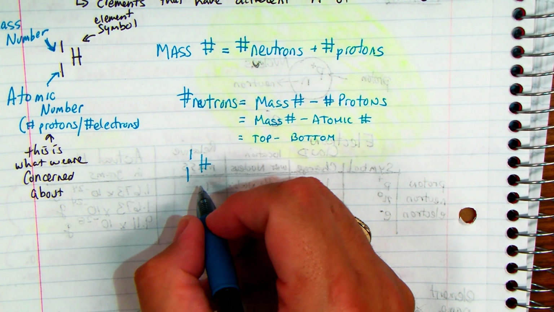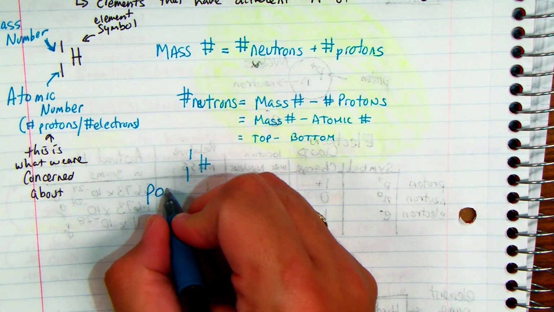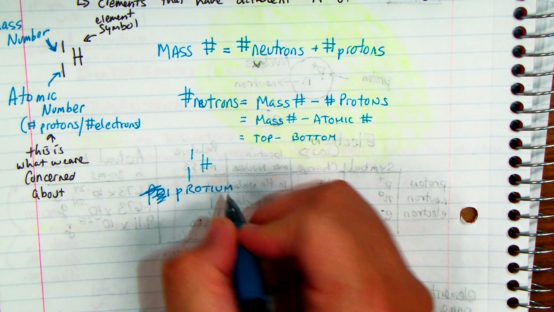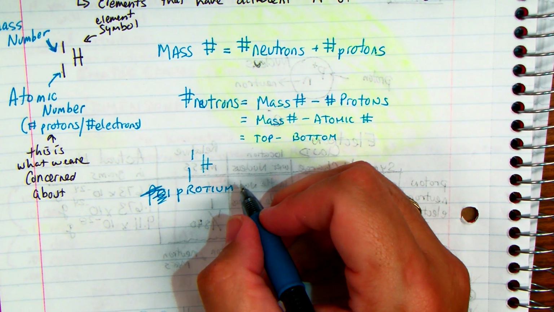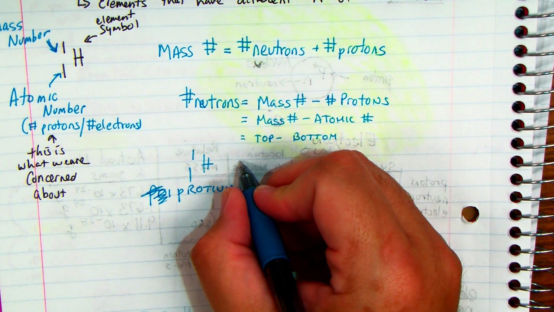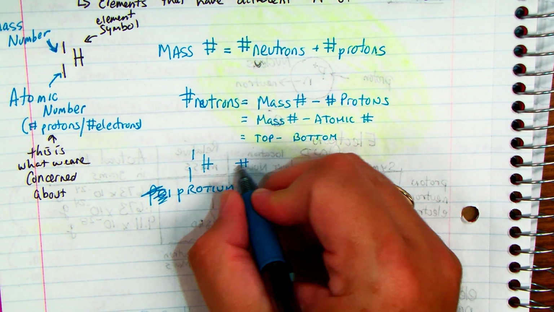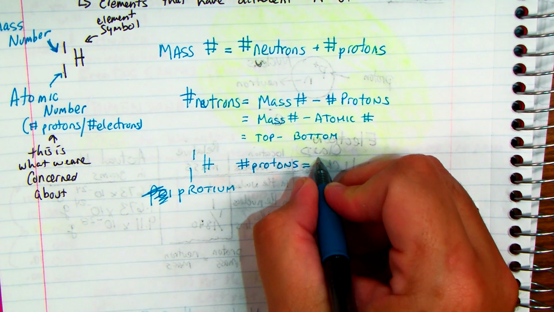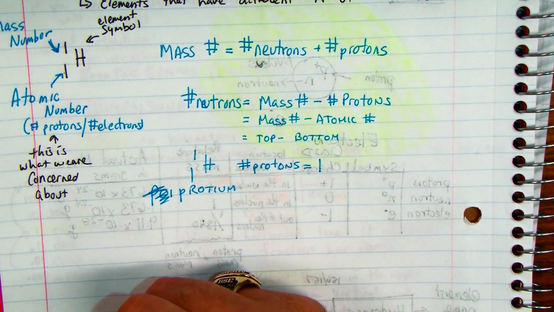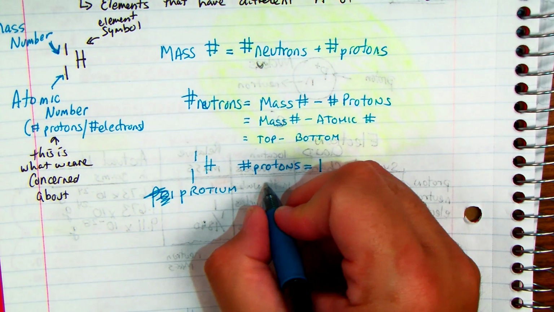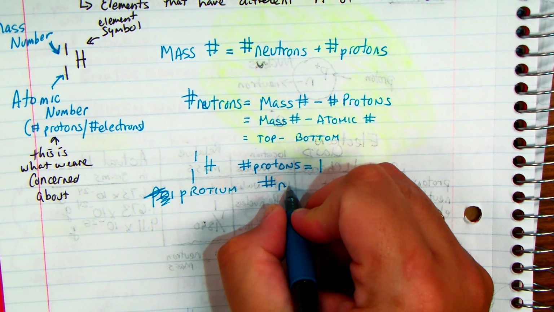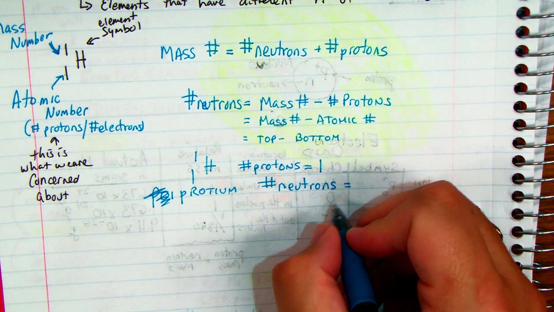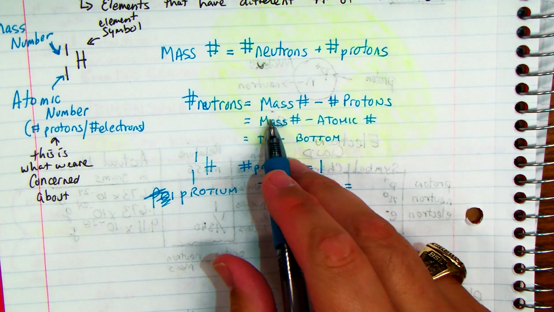This is called protium. Let me ask you this. What's the number of protons? 1. There's 1 proton. What's the number of neutrons? Now, the number of neutrons is going to be the mass number minus the atomic number, or the top minus the bottom.